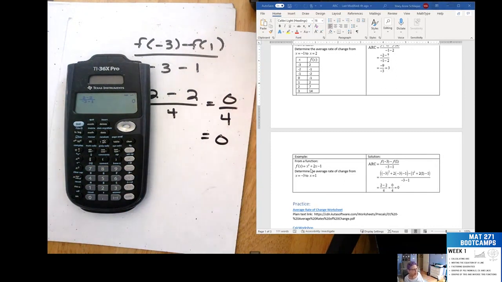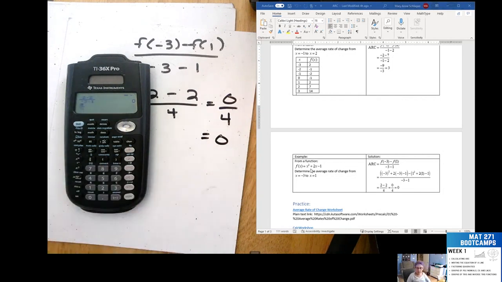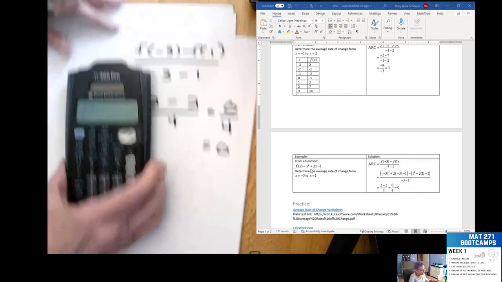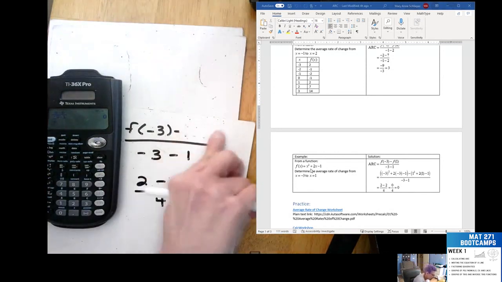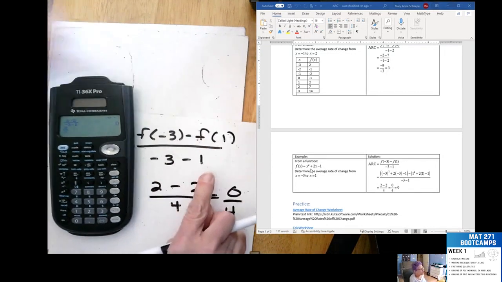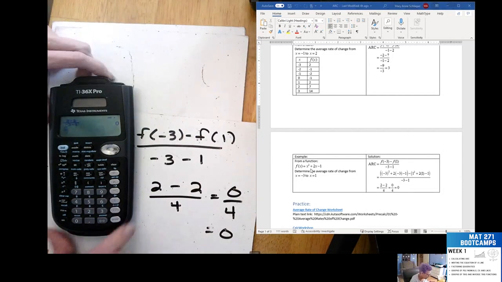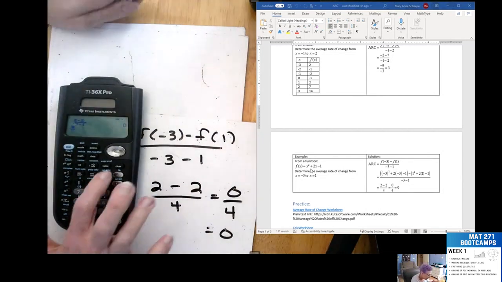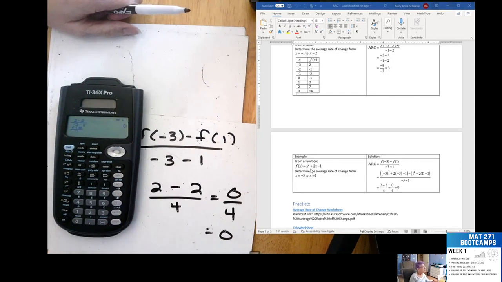But what if those numbers had lots of decimal places after them and it was going to be really tedious to type them in? I could press my little fraction button and make my calculator look exactly like this: f of negative 3 minus f of 1 over negative 3 minus 1. To get the f of, I just hit the table button and hit enter.